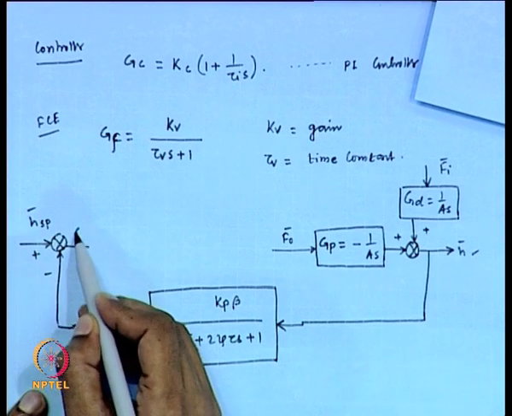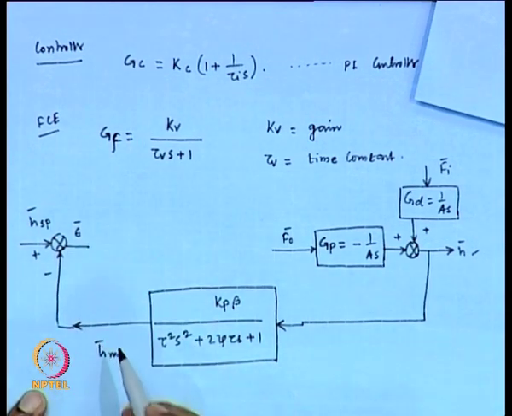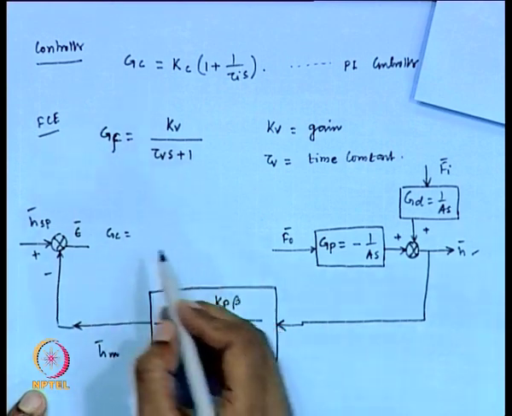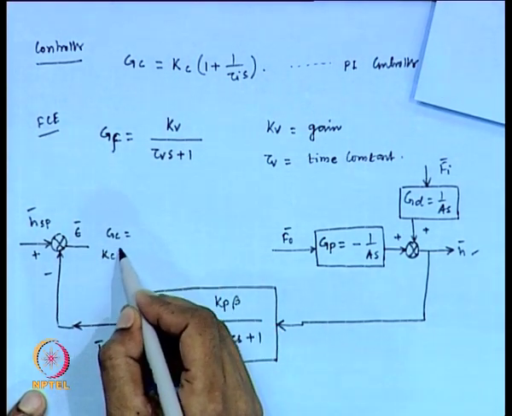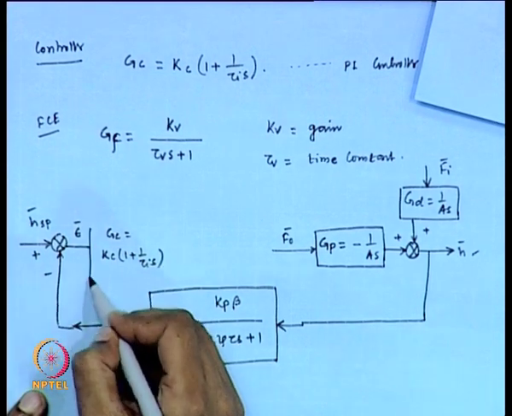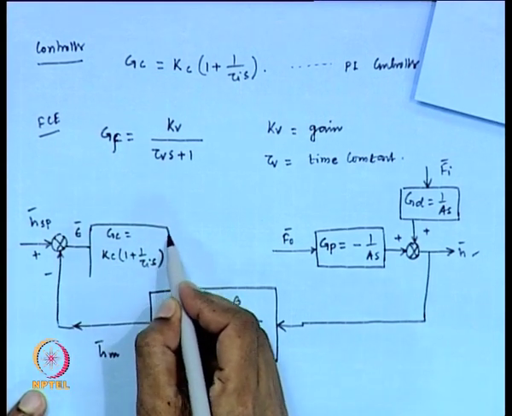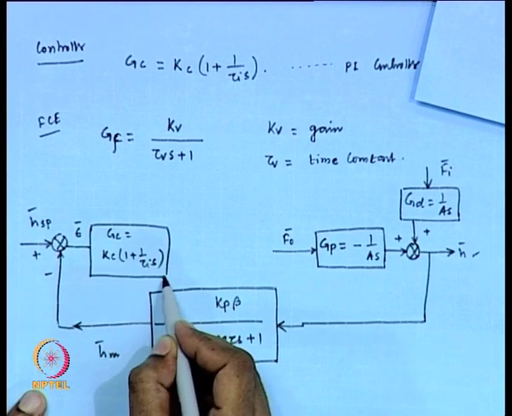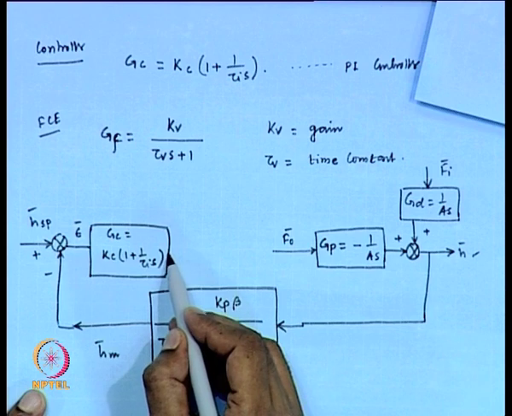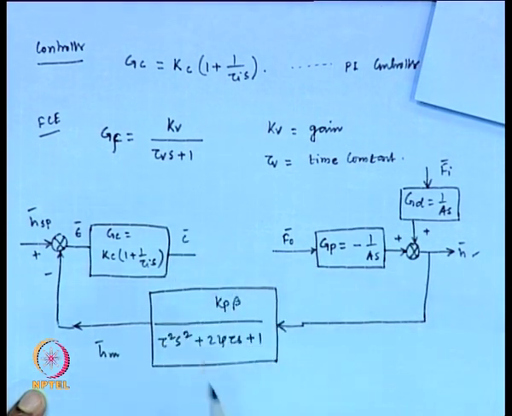Then the error signal goes to the controller, the PI controller, with transfer function K_c (1 plus 1 divided by tau_I s). Output is C bar.